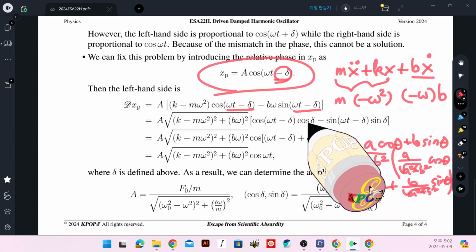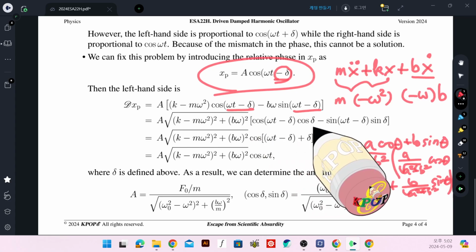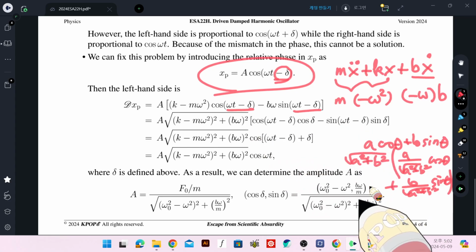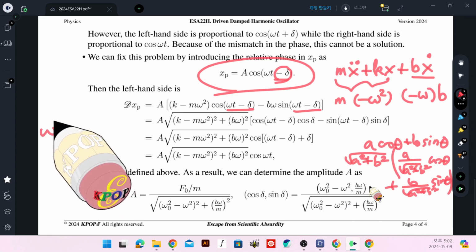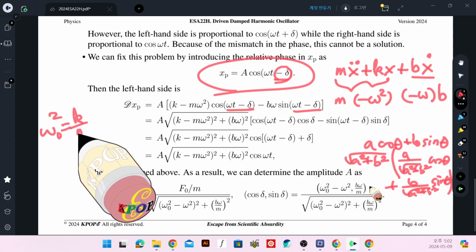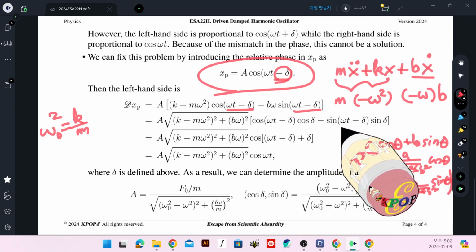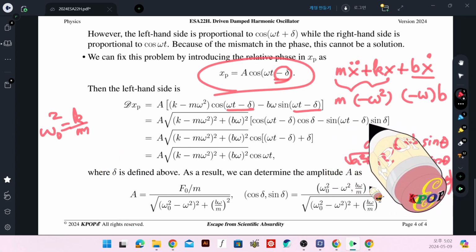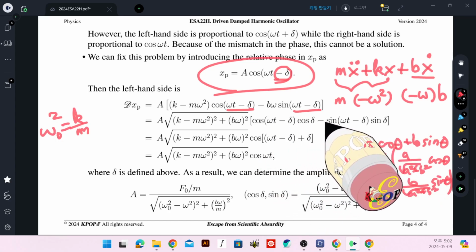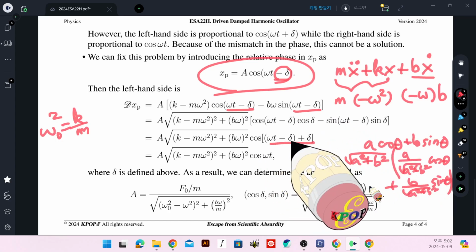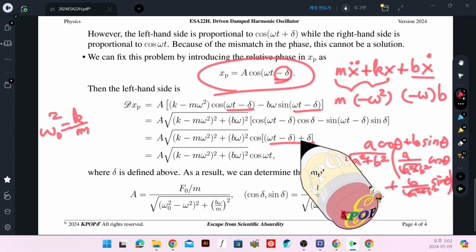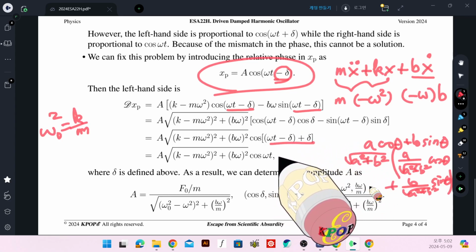When we define the angle this way, and remember omega 0 squared is k over m, the delta dependence cancels exactly.